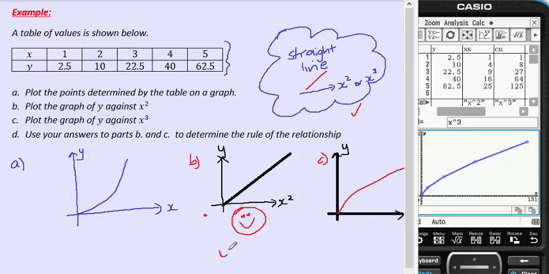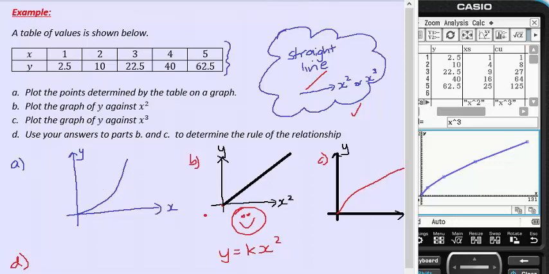And that tells me my relationship will be y equals kx squared. That means now I've used my relationship to determine my rule here as y equals kx squared. The last thing I need to do, though, is use a point where I can substitute my numbers in to find out my value of k.